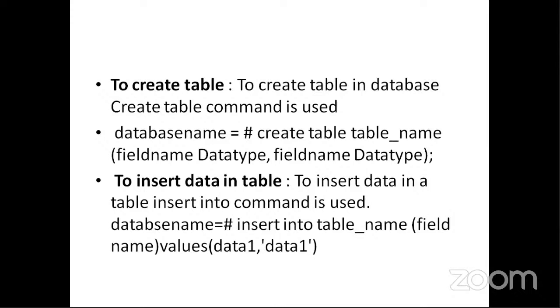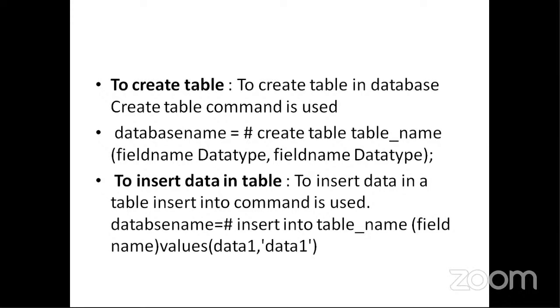When we have to insert data in a table, we use the command insert into table name. The table name we have taken as 11. Then the field names we have chosen are roll number, comma, student name.